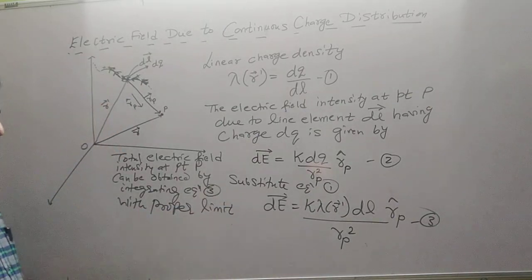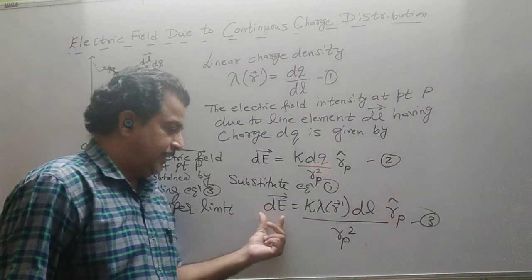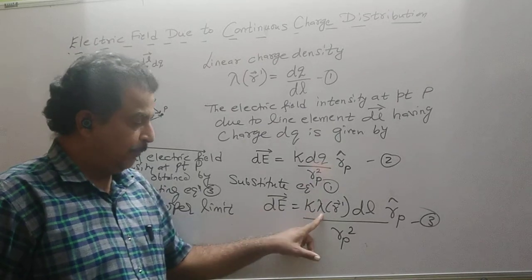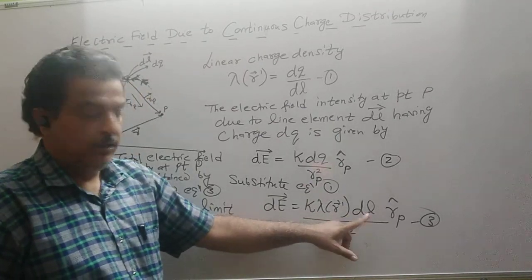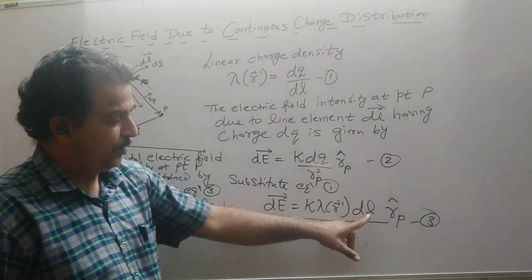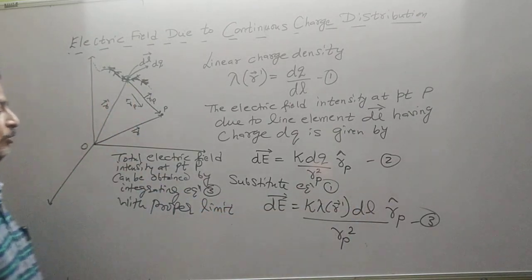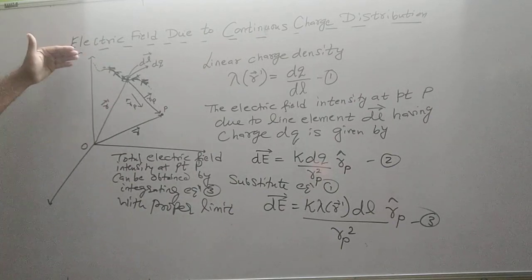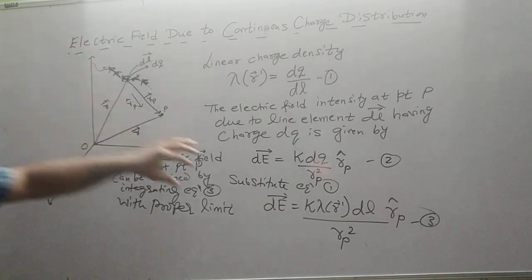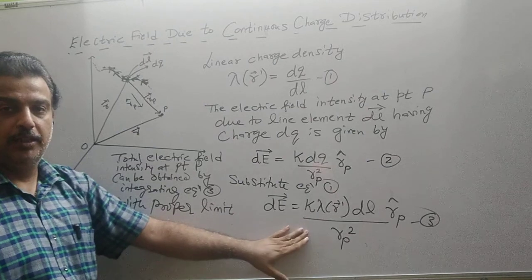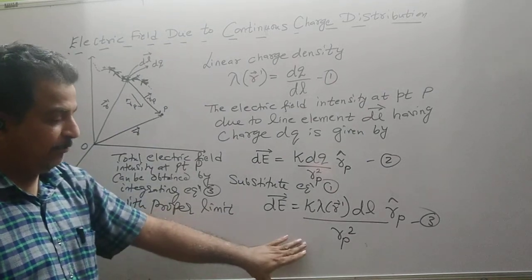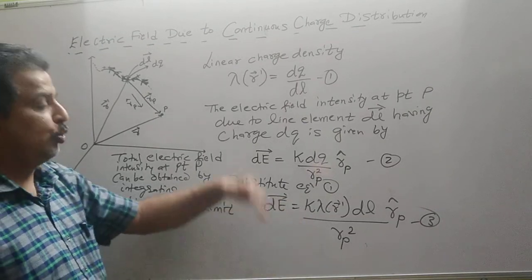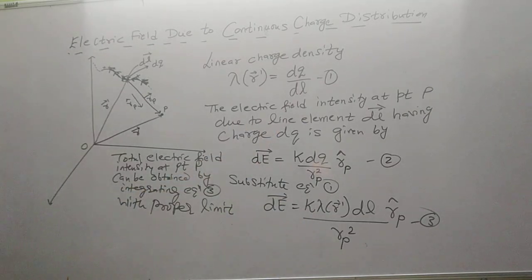Clearly we see here that dE, or the electric field intensity, depends on lambda and dl. So the electric field intensity becomes a function of the length of the wire, suppose I take the length of the wire as small l. So I will integrate this equation with the proper limit, where the length of the wire will start from origin, or say 0, to the length whatever is given.